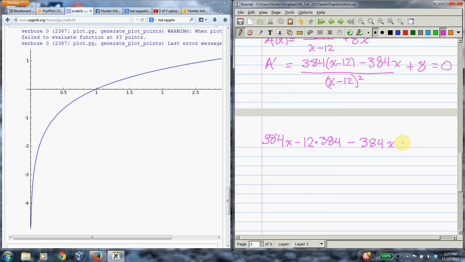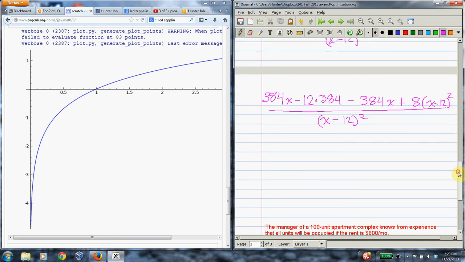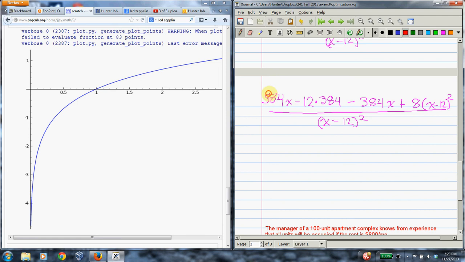So that's nice, you get a little cancellation. Plus 8 times x minus 12 squared. And now all this is over x minus 12 squared. All right, so what did I do? I just put these two over a common denominator, which is x minus 12 squared. And we've got, bam, bam! And now we've just got this on top.